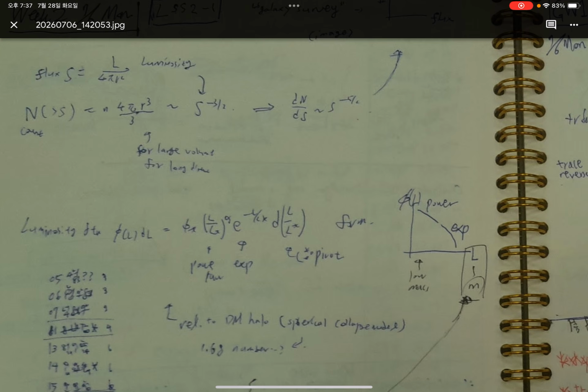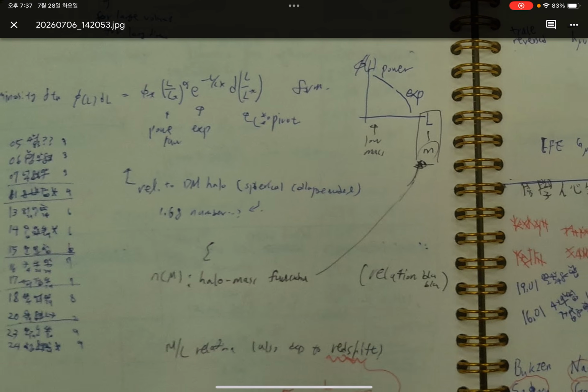For small luminosity, it follows a power law, but for high luminosity it has almost exponential behavior. So by using such a luminosity and distance relation, we can analyze how many of some specific galaxy or star exist, and we can analyze the large-scale structure.